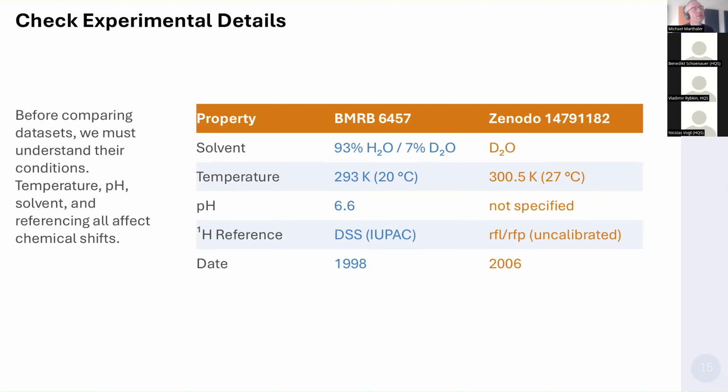A complete one-to-one comparison of the Zenodo and BMRB parameters will not be possible immediately, because the difference between having something in H2O or in D2O is just a little bit too large. But there should still be a broad agreement of the data. Also, of course, the temperature difference makes a difference, and we do not know how pH compares.